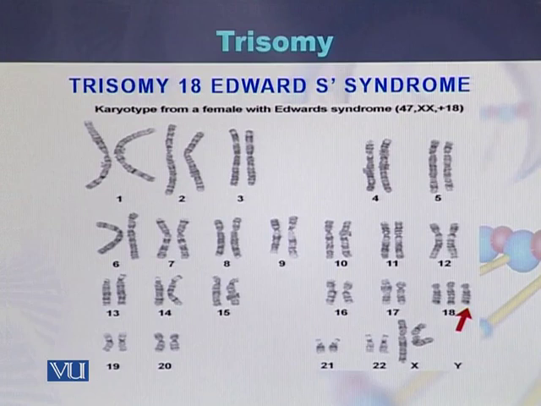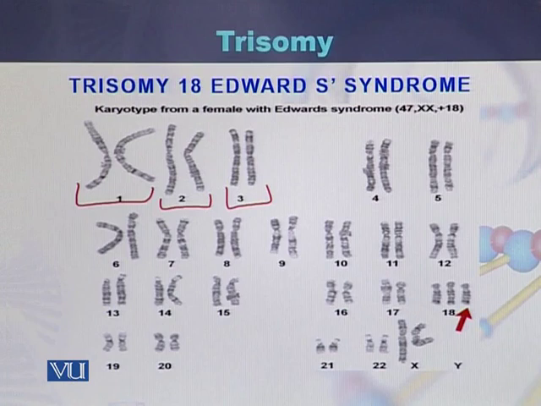This is the diagram of trisomy 18. The name of this syndrome is Edwards syndrome. In this syndrome, we can see that all the sets of chromosomes are in diploid form. There are 2 chromosomes, homologous to each other.